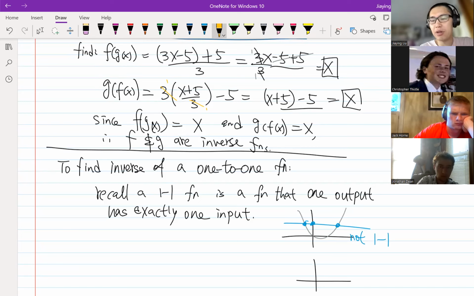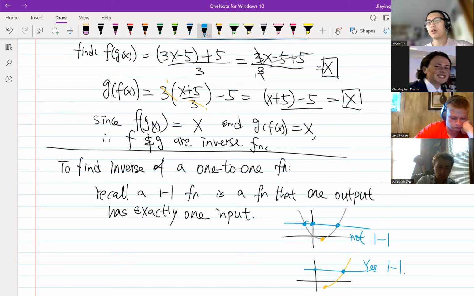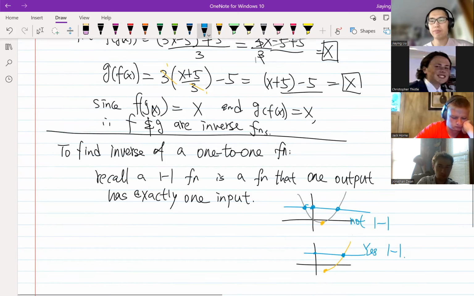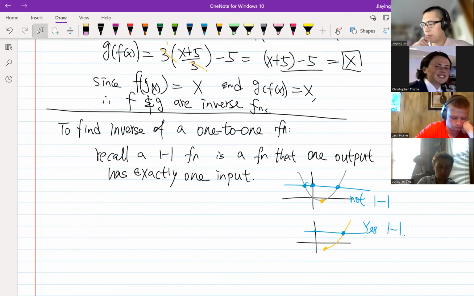I'm only going to take the right half of that quadratic function and keep it, and we don't keep the left half. Now if we pick a y value and draw a horizontal line, it only touches the graph at one point. So yes, now it's 1-to-1. So that's a quick check to see if the function is 1-to-1.